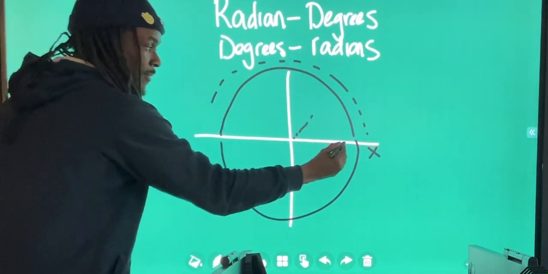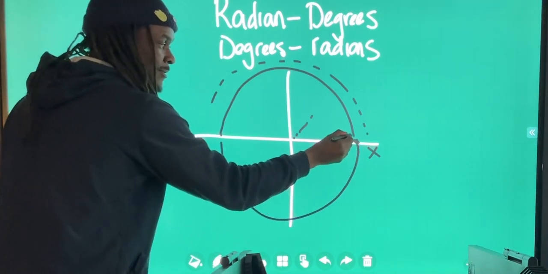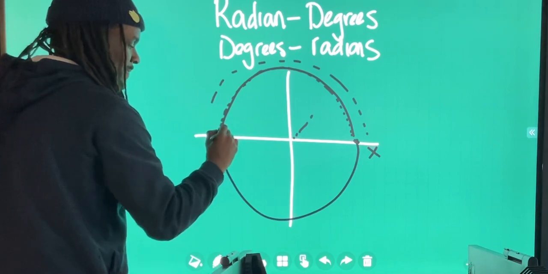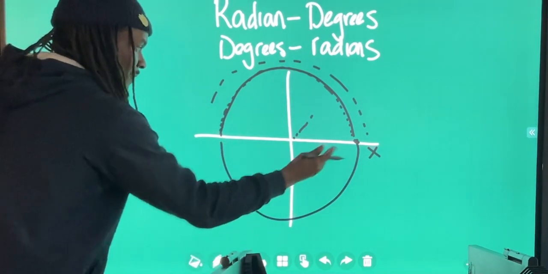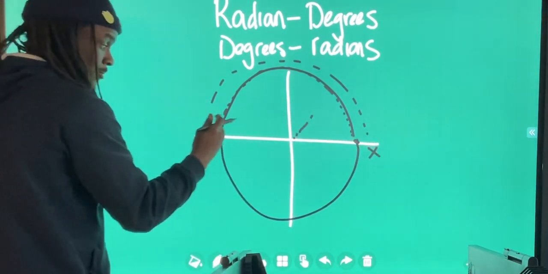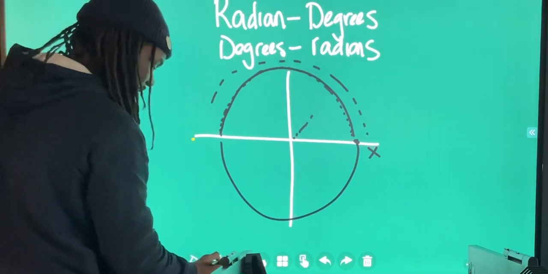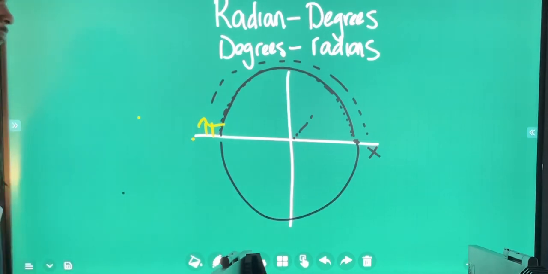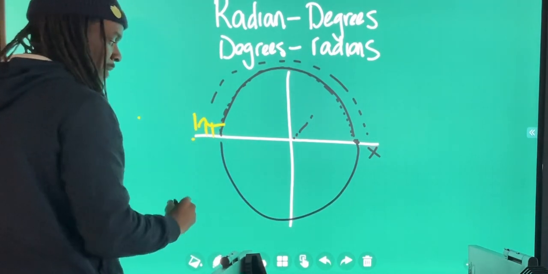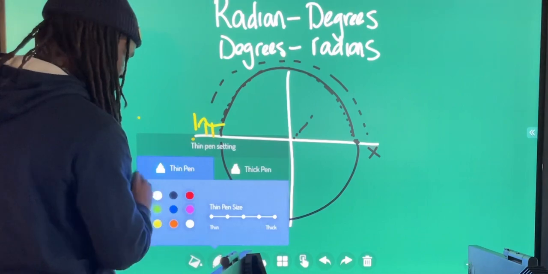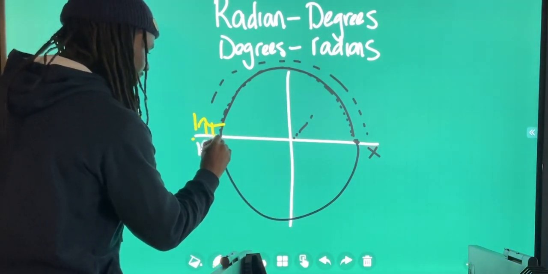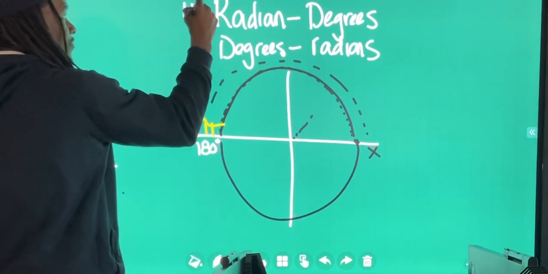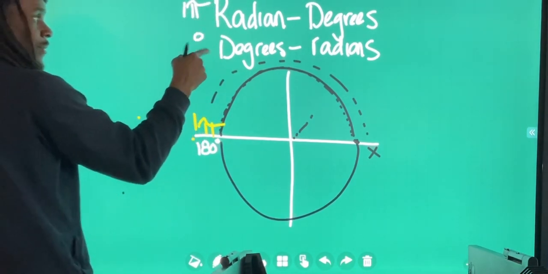From this point to this point, from 0 to 180 degrees, this is pi. This is 1 pi. In other words, 180 degrees. In radians, this is 1 pi. Remember, radians is measured in pi. Degrees is in the center.